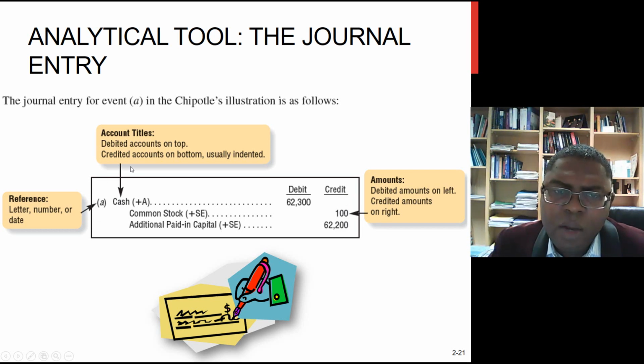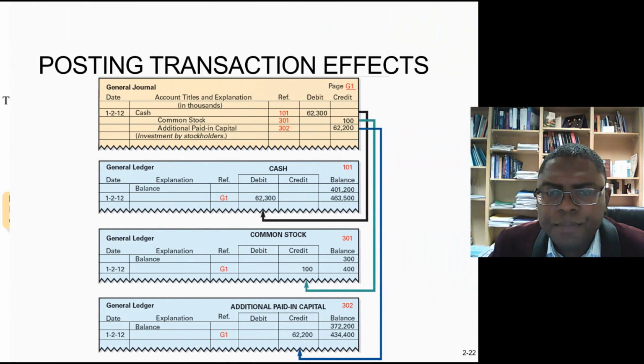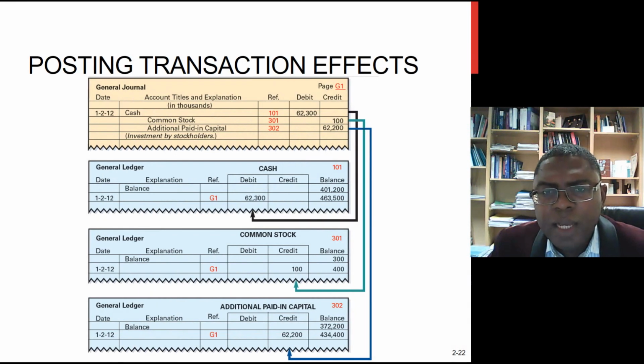This is really how we record these transactions in the journal entry. Once we have them in the journal entry, the next thing we do is post them to the general ledger, and they come in the form of a T account. Cash has a debit balance, common stock and additional paid in capital have a credit balance.